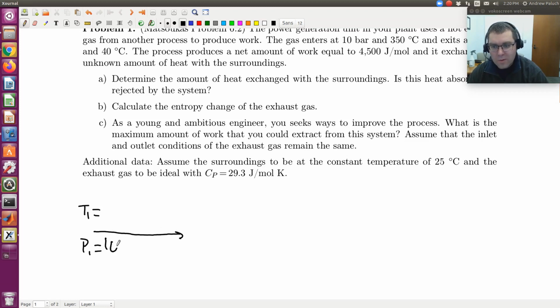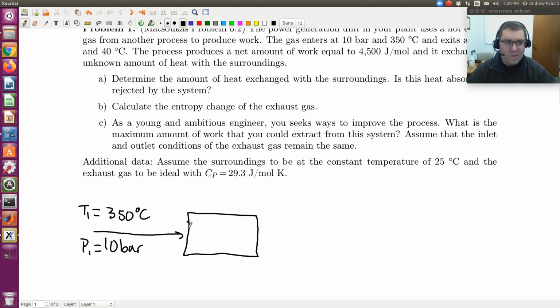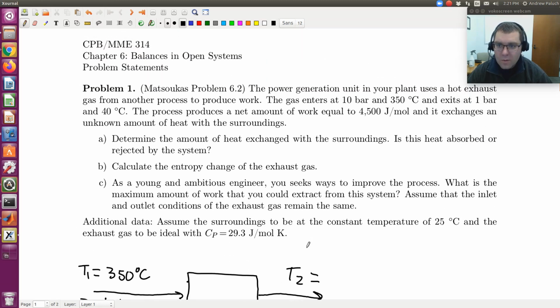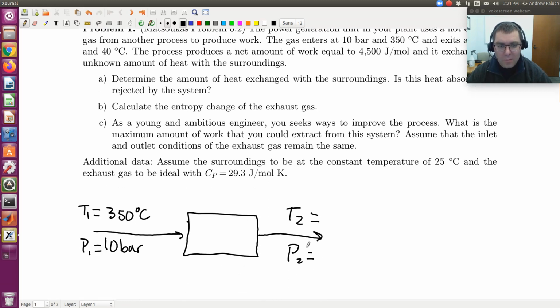So initial pressure is 10 bar, initial temperature is 350 degrees C. Then it's going to go into some process, some sort of open flow device, and it's going to exit at some temperature T2 and P2, where T2 is 40 degrees C and the pressure is 1 bar. So this is 1 bar and 40 degrees C.